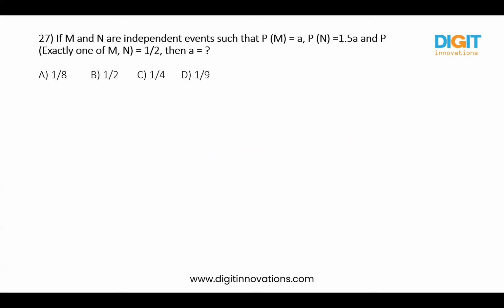Next one: if M and N are independent events such that P of M equals a, P of N equals 1.5a, and the probability that exactly one occurs is 1 by 2, then the a value is?